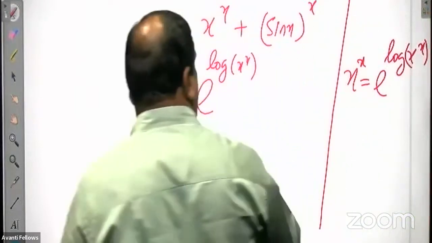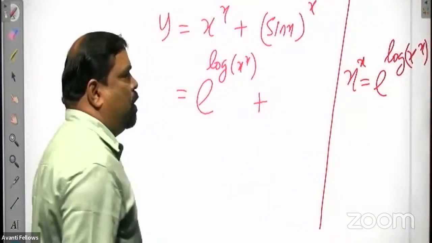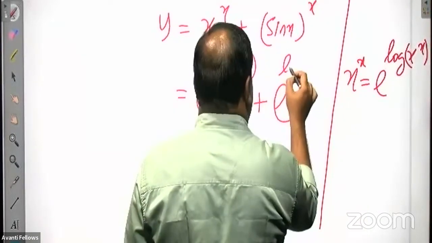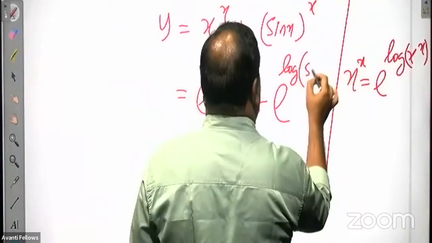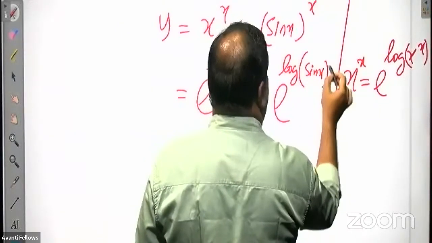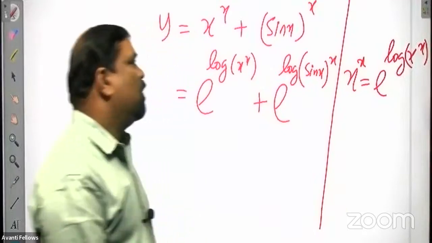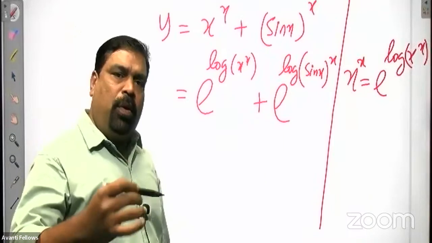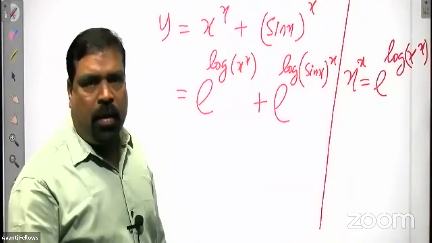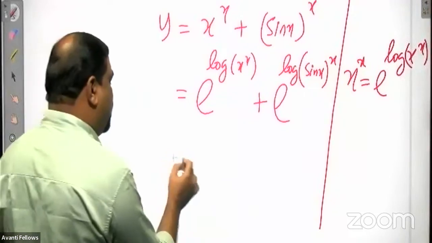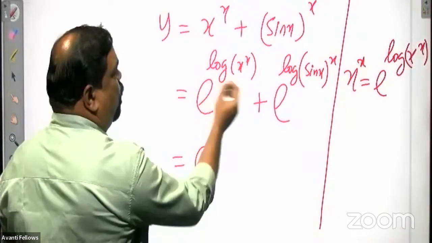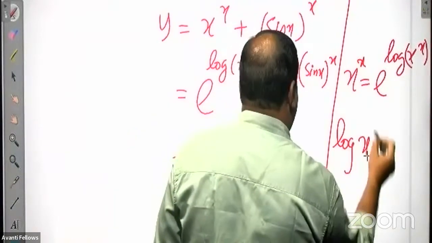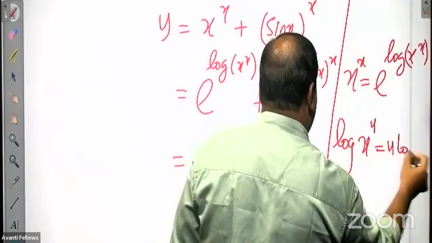Similarly, the second term, sin x raised to x, can be written as e raised to log of sin x raised to x. Now you see what happens. By property, you know what log of x raised to n is? It is n log x.